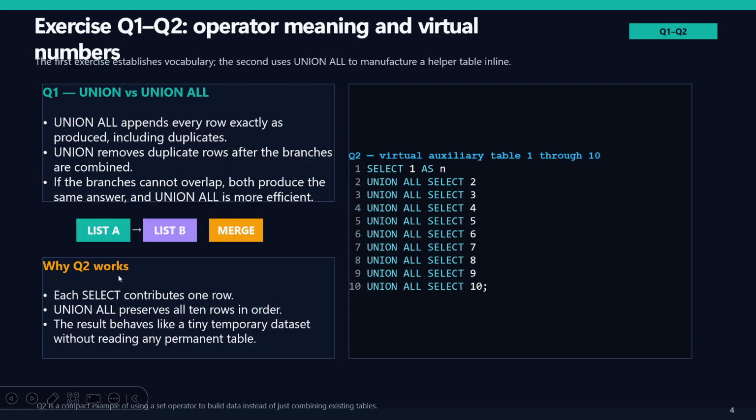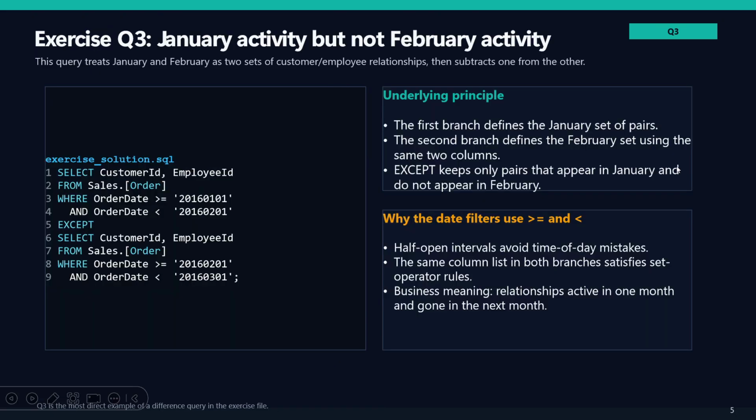Why does question 2 work? Each SELECT contributed one row, and together all 10 rows are returned. The result behaves like a tiny temporary data set without reading any permanent table.